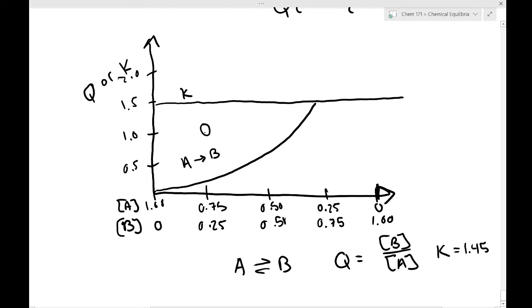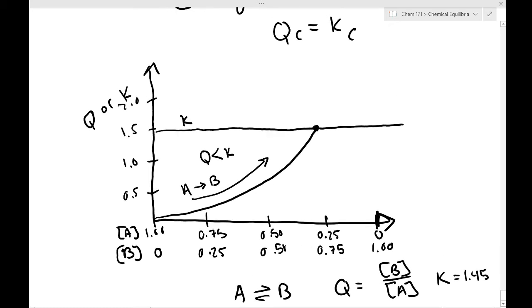And this is the region of the graph where Q is less than K. So when Q is less than K, the reaction tends towards the products. This is the point where it crosses the equilibrium line, and that's at equilibrium. If we have B concentrations that are much larger than A, then we can keep going up this curve.